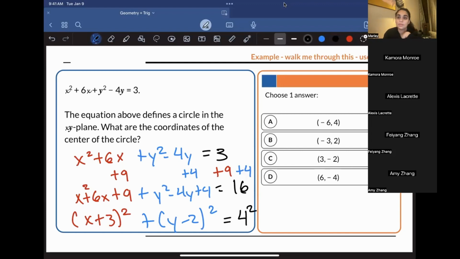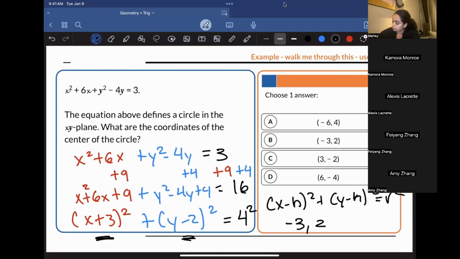Okay, so now that we've completed the square, I like to think elegantly with all the different colors. We have (x + 3)² + (y − 2)² = 4². So we know this is the circle equation, and the center of the circle has coordinates (−3, 2).